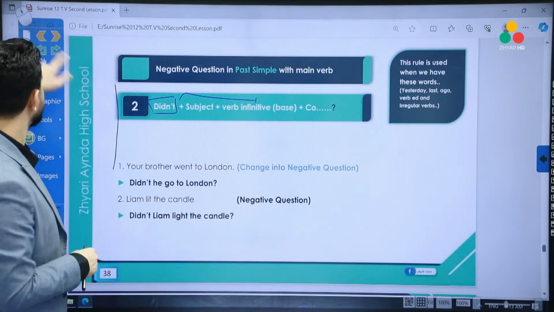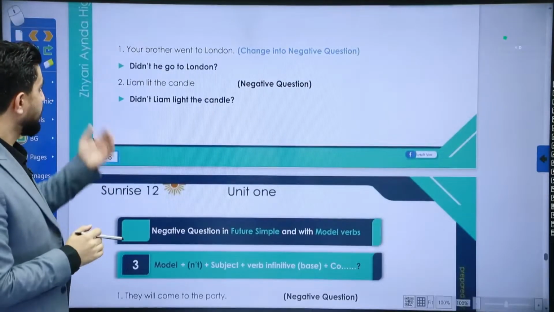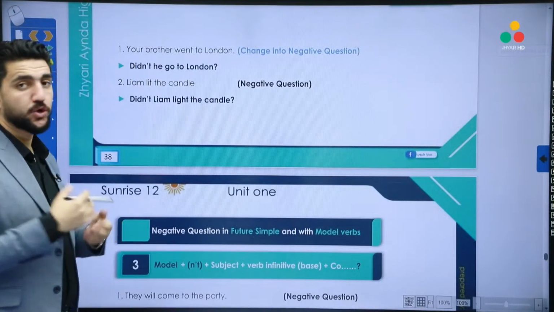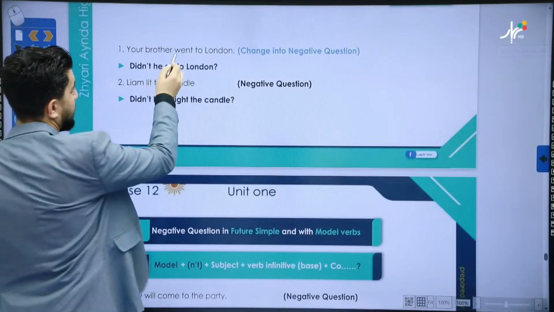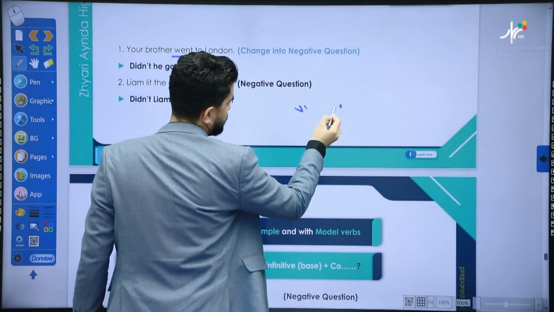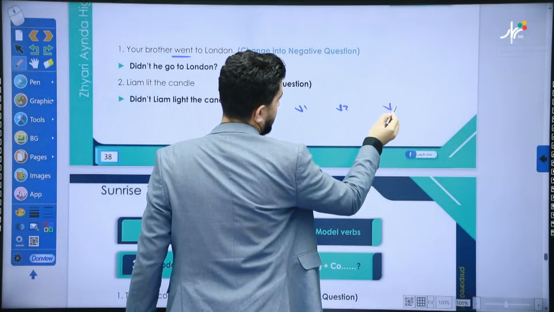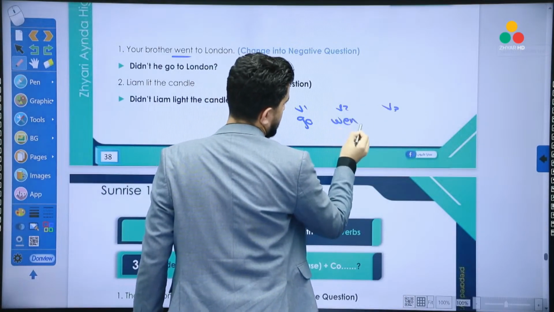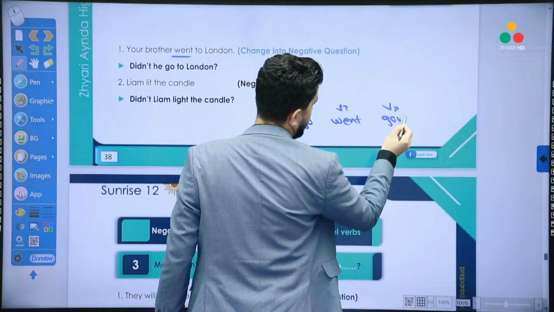Let's take a look at this example. Okay, so your brother went to London. Didn't he go to London? Like this. So since we have went here, look at here, verb 1, verb 2, verb 3. Go, went, gone, or been, okay?